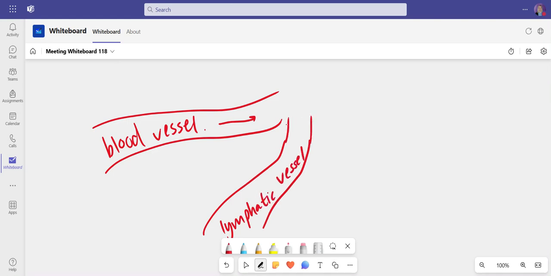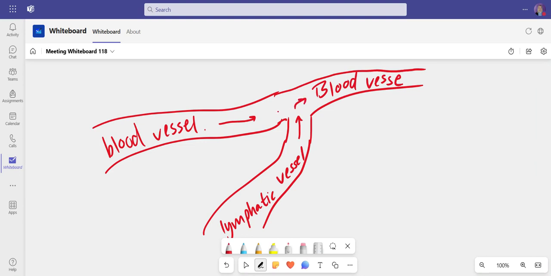And eventually the lymphatic vessel will join into the blood and get renamed blood again. Okay, so the lymph liquid rejoins the blood in a blood vessel and goes on its way. So eventually that tissue fluid does become blood again. That liquid goes back into blood vessels again and rejoins.